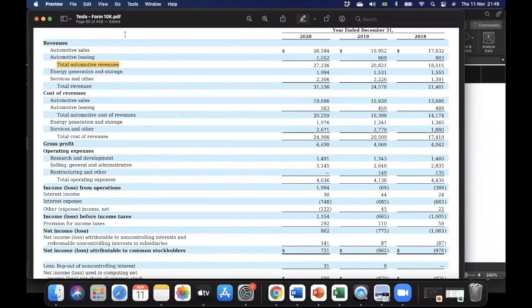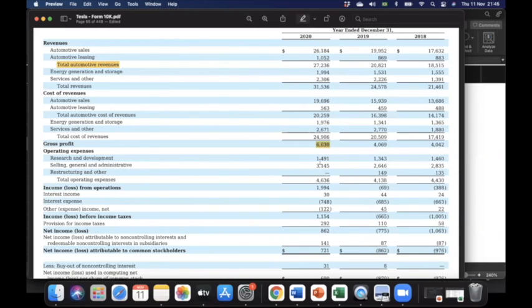So they had revenues of $31 billion and costs of almost $25 billion, leaving us with a gross margin of 6.6 billion dollars.